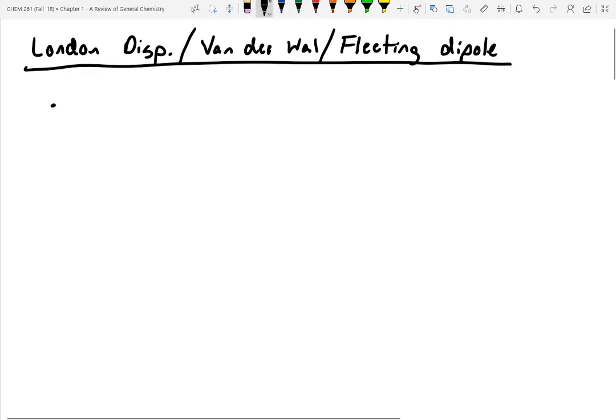And this really comes down to the idea that electrons can't be everywhere at once. Pretty simple concept, but the way I like to describe it is imagine taking an imaginary camera, take a picture of an atom. You'll have a snapshot of where those electrons are at one time frame.